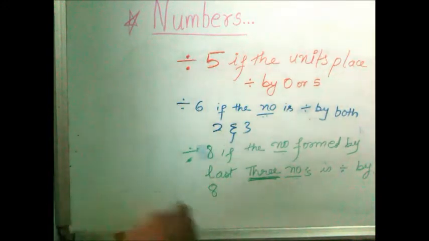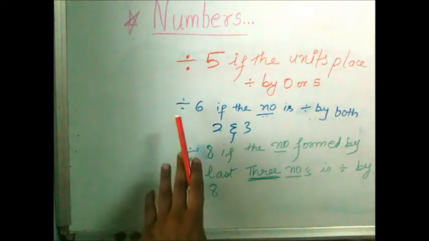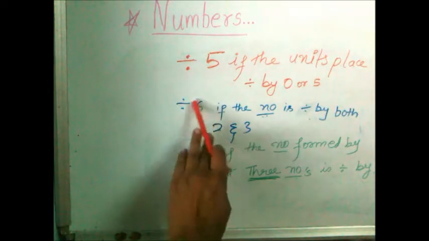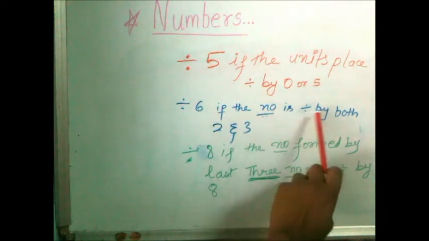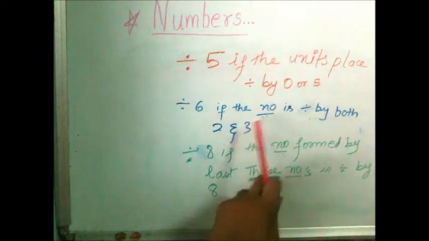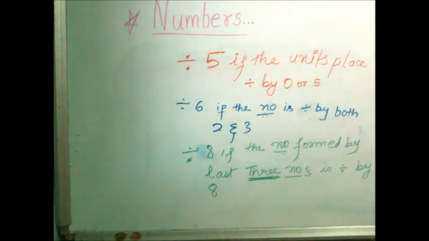And if you want to know whether a number is perfectly divisible by 6 without any decimal points: a number is divisible by 6 if it is divisible by both 2 and 3. We learned how a number is divisible by 2 and 3.